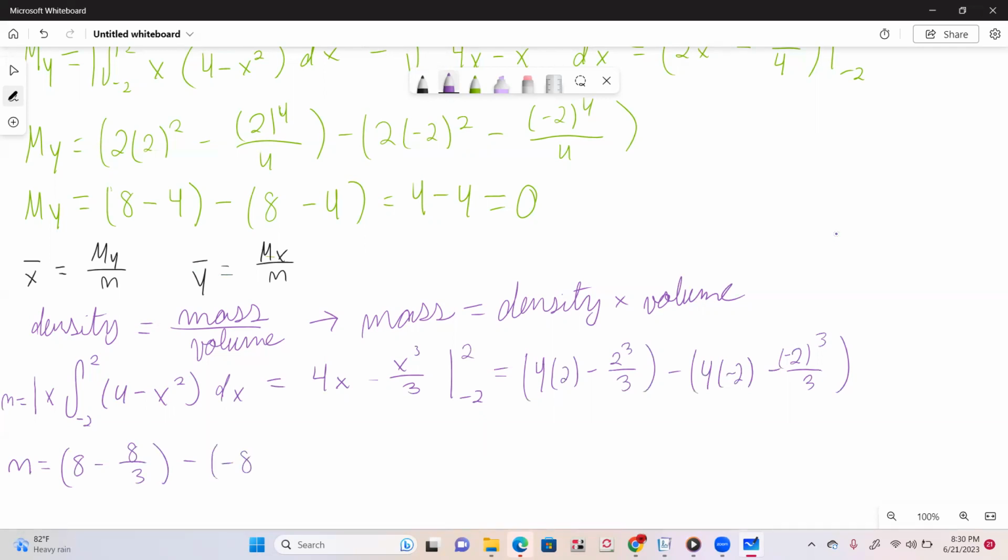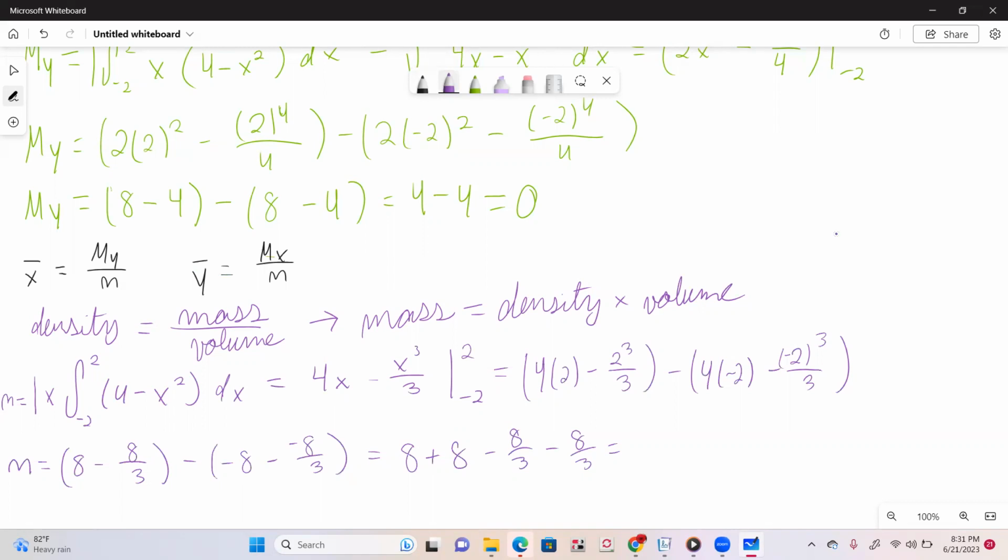-8 over minus -8 over 3. Right? So when we multiply all those minus signs through, this is going to be 8 plus 8 minus 8 over 3, and then minus 8 over 3, which is equal to 16 minus 16 divided by 3, right?